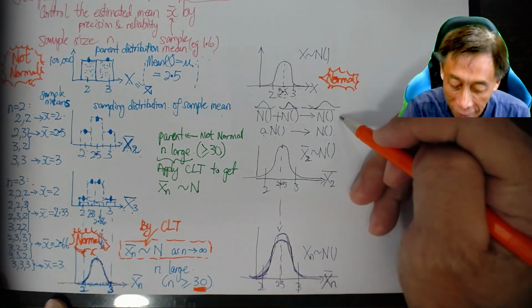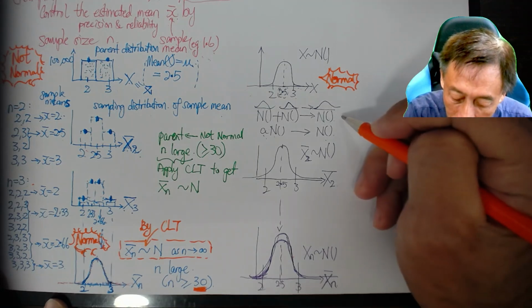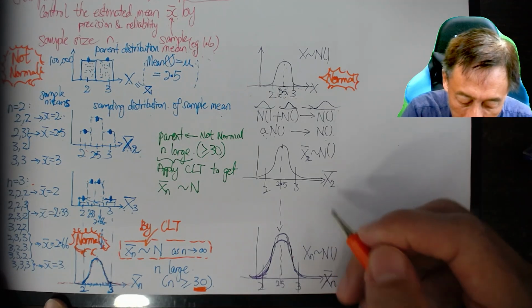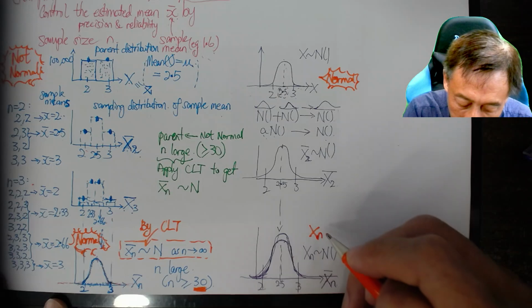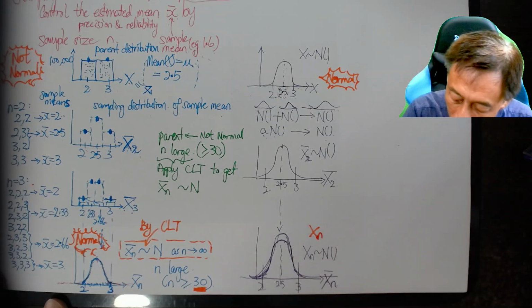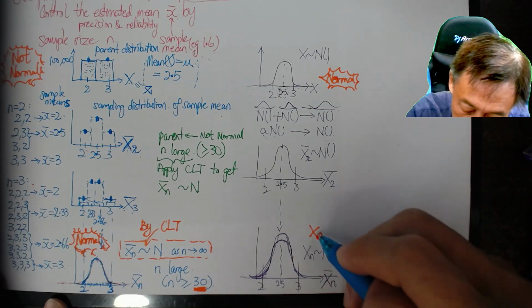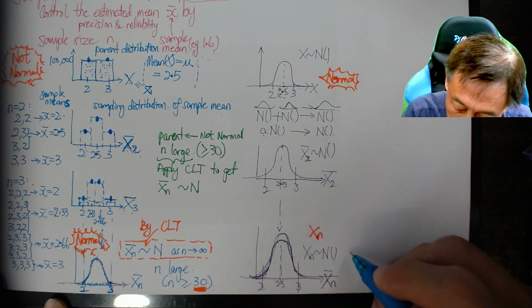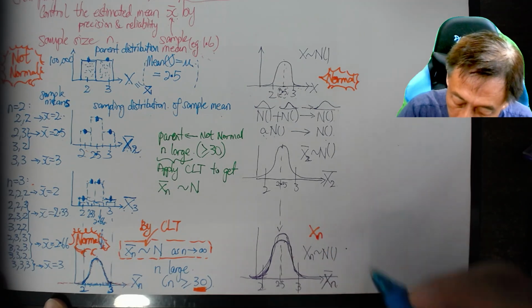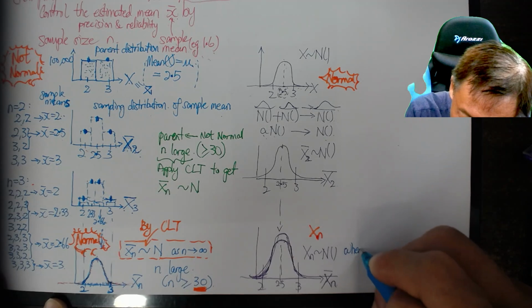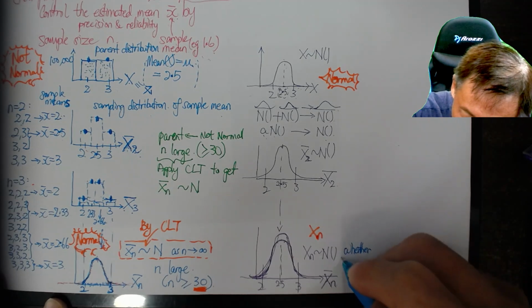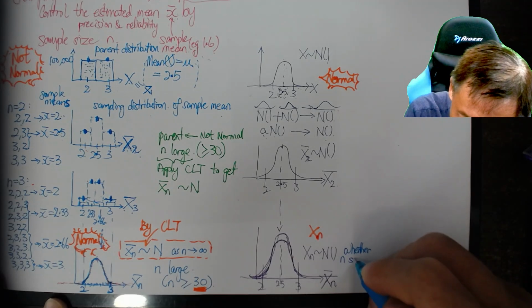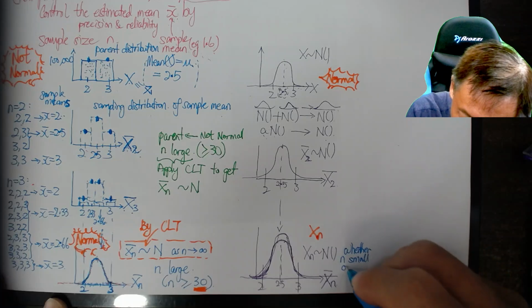So by these properties, we will already know that x̄n, well, I should use back the same color, whether n is small or large, is normal.